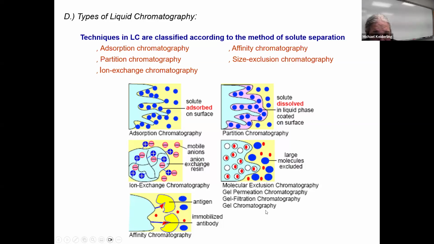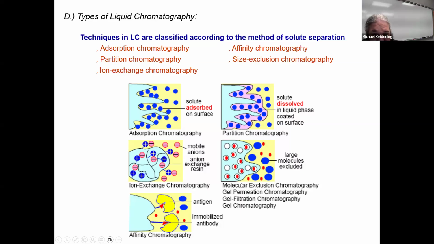Affinity chromatography, where there are antigens or antibodies, something like antibodies bound to the surface, and the antigens interact with them.